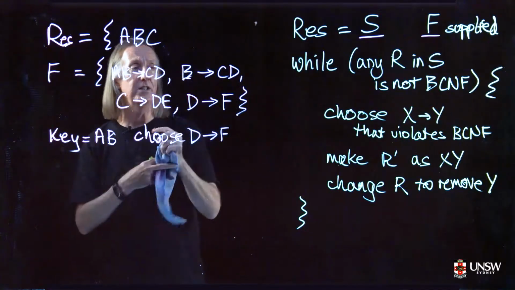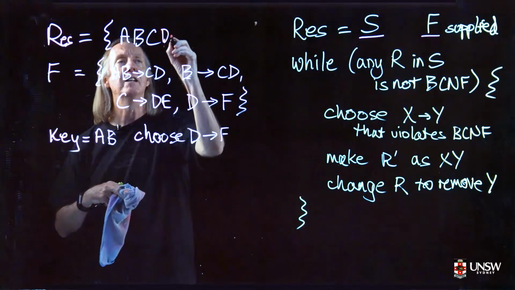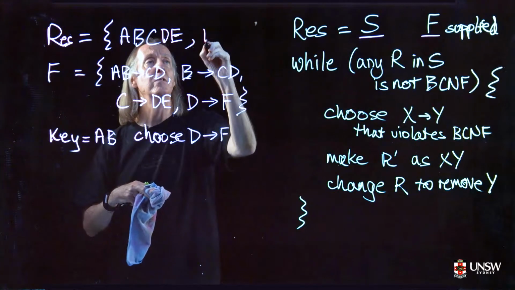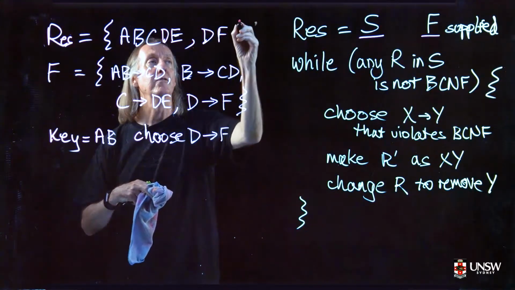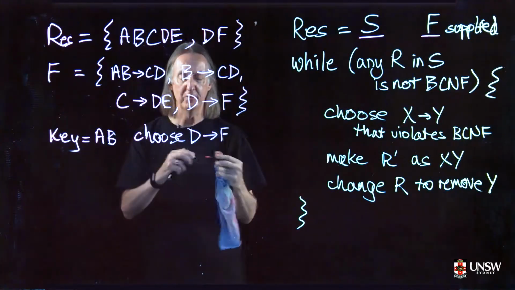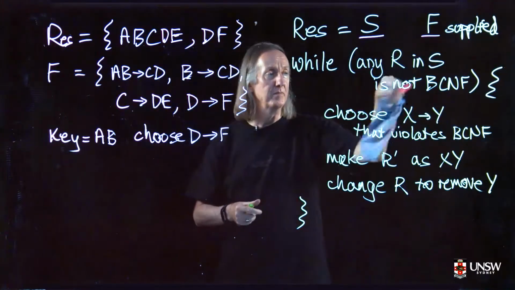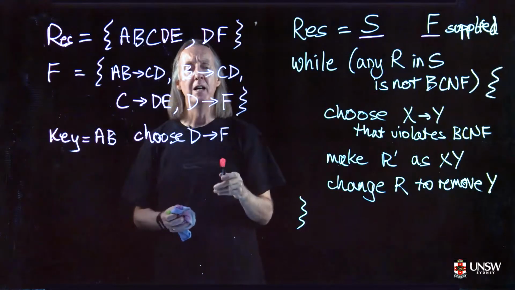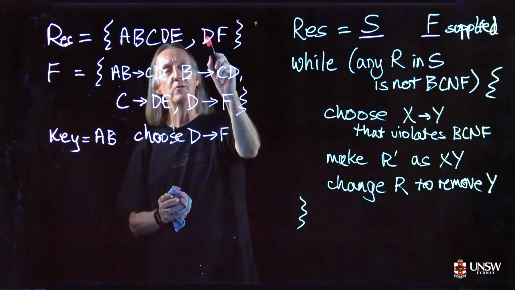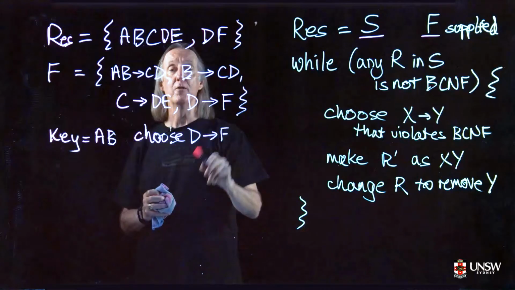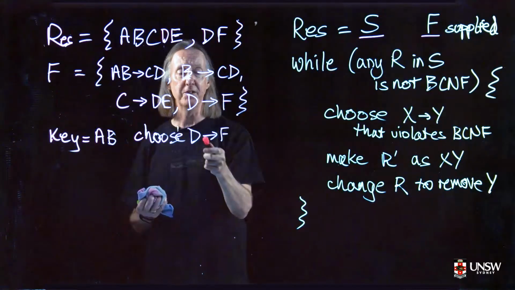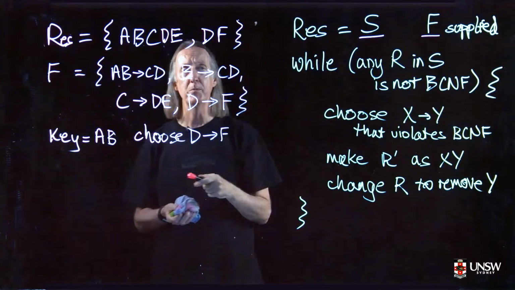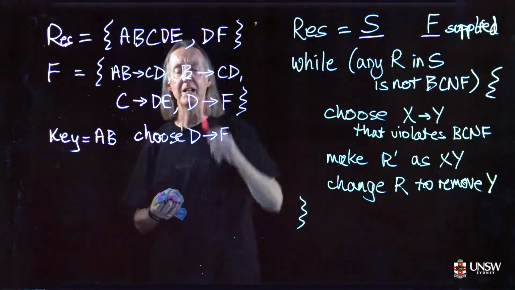So we still have D, we still have E, but now we have a new table, DF. Now it should be patently clear from the definition of BCNF that this table has only a key on the left-hand side of all of the relevant functional dependencies. That other functional dependency is not relevant because it contains attributes C and E, which aren't part of this table.